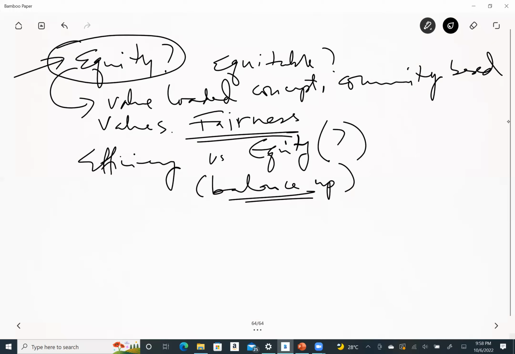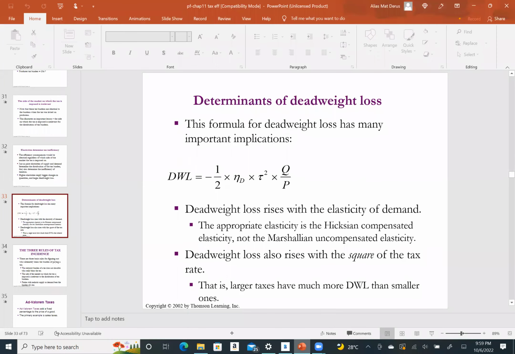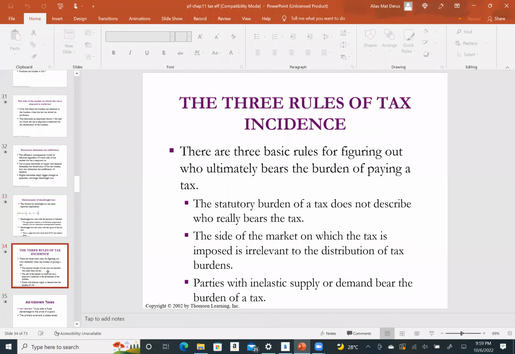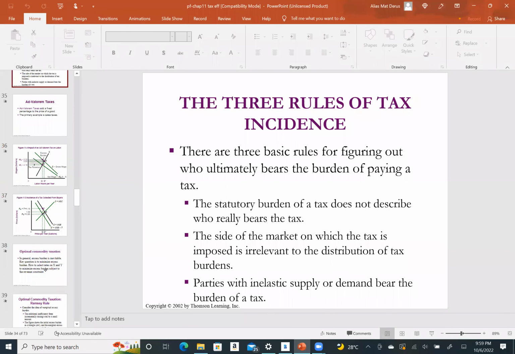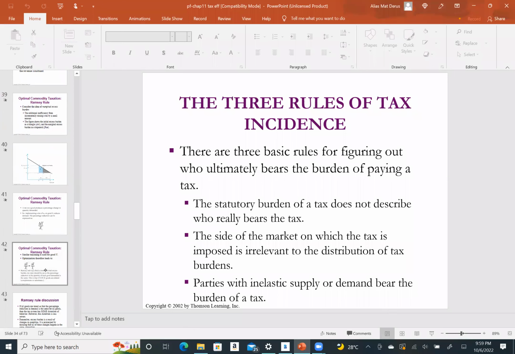Instead of taxing, you give subsidy. That is the balancing up of the issues of efficiency and equity. Any question? Any comment?